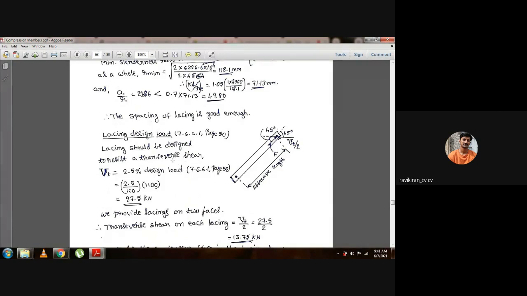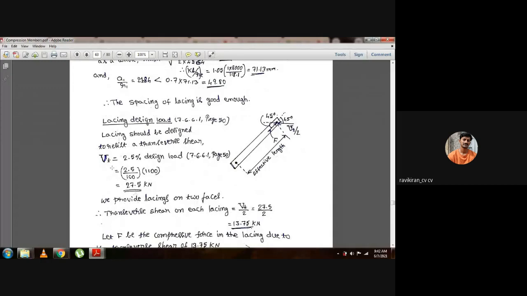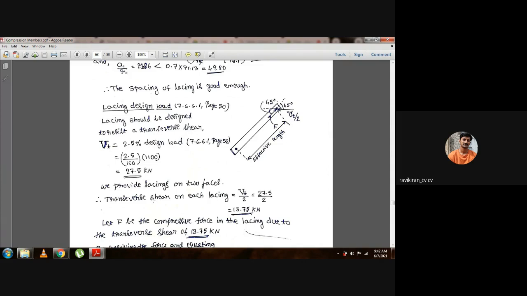To resist transverse shear, we are going to give a section. Okay, so how much load you should consider? 2.5% of the design load. So the design load is 1100. The shear will get, that is transverse shear, 27.5 kilonewton. To resist this 27.5 kilonewton, we should provide a section, that is lacing.